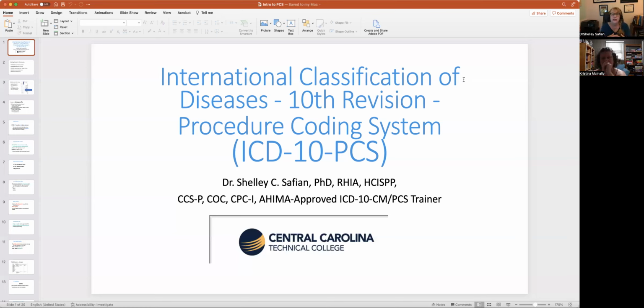And this is going to parallel CPT, Current Procedural Terminology, which will still be used to report for the physician. What the physician does will be reported in CPT.